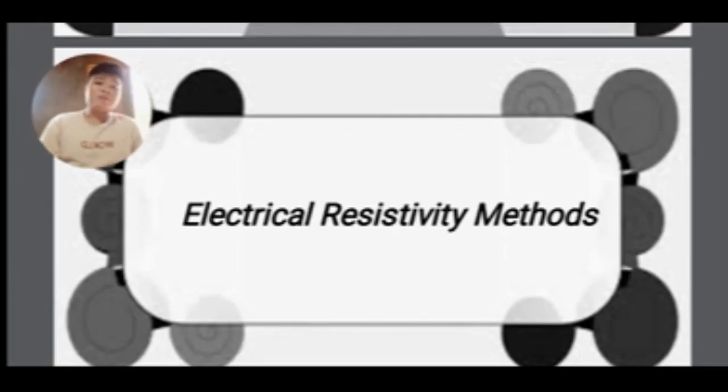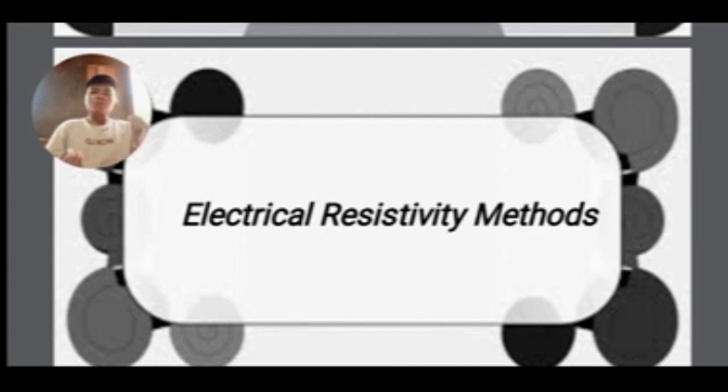So the next topic is all about electrical resistivity methods. These electrical resistivity methods are a form of geophysical surveying that aids in imaging the subsurface, and these methods utilize differences in electrical potential to identify subsurface material.